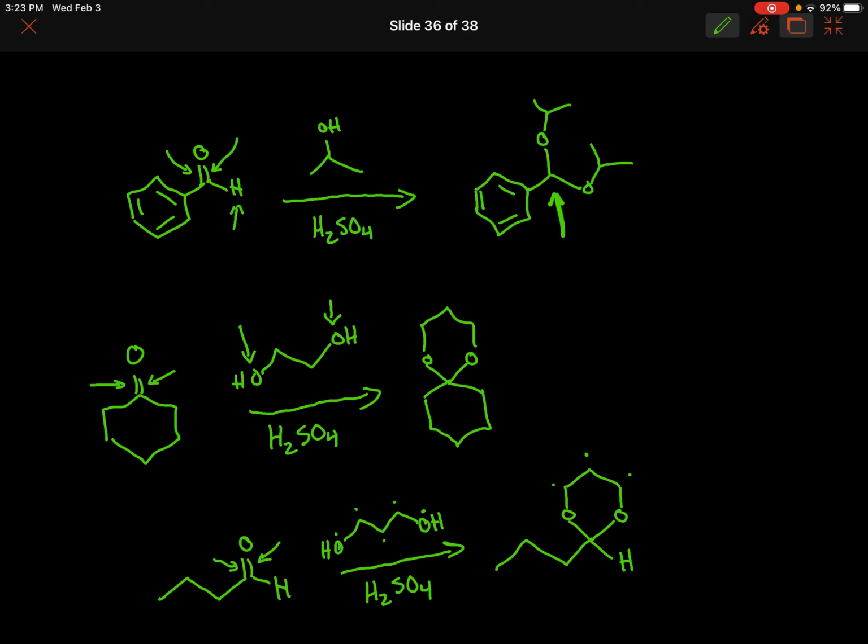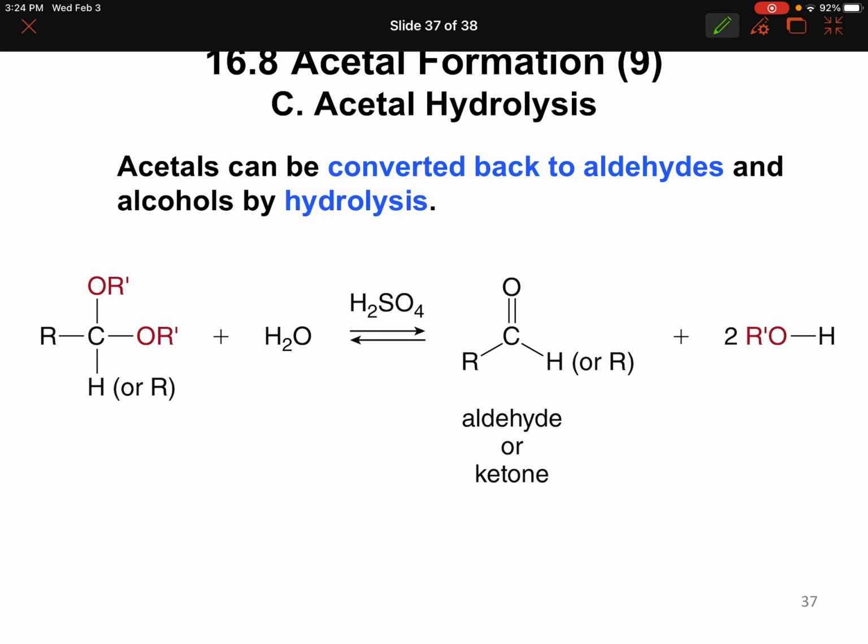All right, so that is how we transform aldehydes and ketones into acetals. And whenever we have an acetal, we can treat those with water in the presence of H2SO4, and that undoes the reaction. It converts the acetal back into the aldehyde or ketone. So if we have an acetal that looks like this, so that's the acetal we would have gotten by turning that ketone into an acetal with methanol.